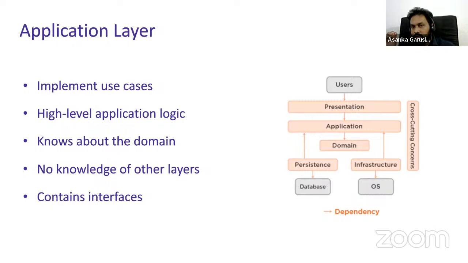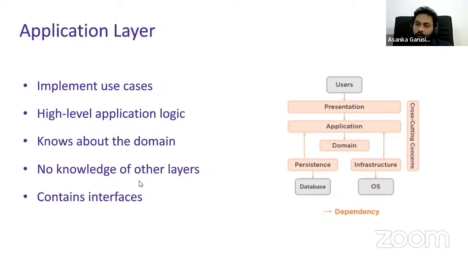There are a lot of problems within the domain, but what type of problem are you going to solve with this feature? So understanding the domain and the user base is really important when you are writing application logic. Designing high level application logic is really important, and knowing about the domain, of course.